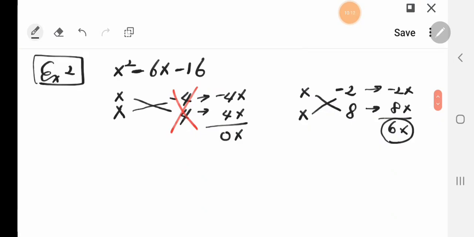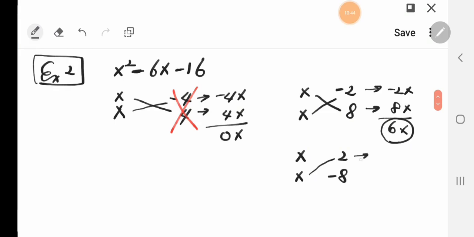The sign is different. So what we can do is switch the sign. So the negative sign should go on the number 8. So why don't we try this? So x times x is x squared. Okay, 2 times 8 is 16, but we gotta put the negative sign. So this time put the negative sign on 8. So 2 times negative 8 is negative 16.